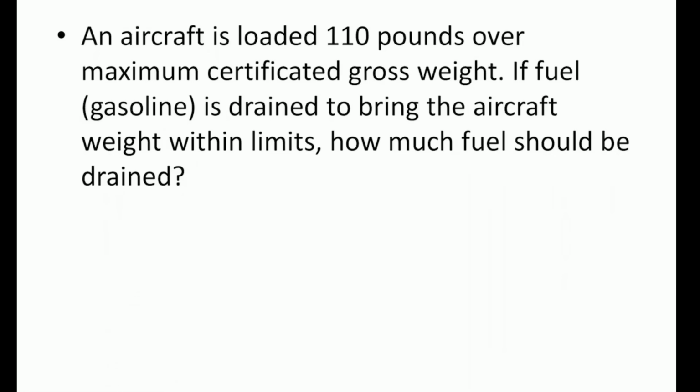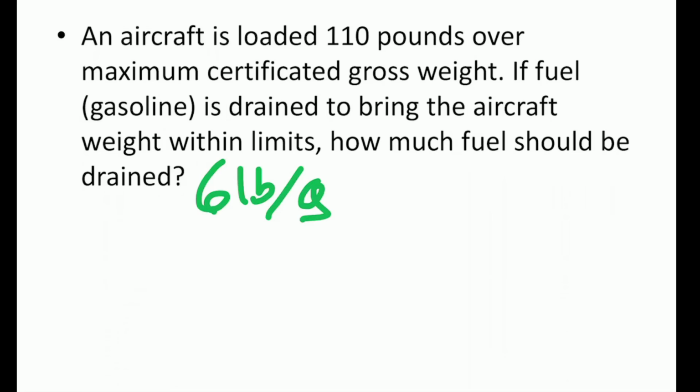Example. An aircraft is loaded 110 pounds over the max certified gross weight. If gasoline is drained to bring the aircraft within limits, how much fuel should be drained? Well, first thing we know is that fuel weighs 6 pounds per gallon, right? So if it's 6 pounds per gallon, how many gallons do we need to take out?